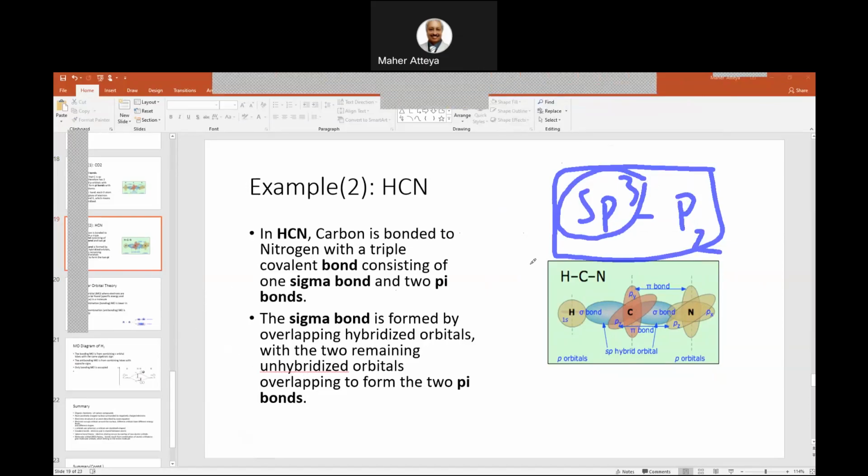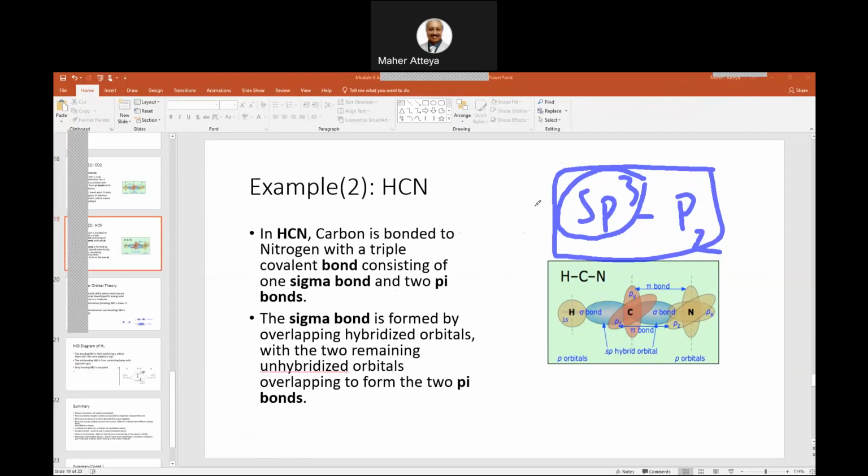And as I said, this is linear. From the linear shape, I can determine the angle is 180, and therefore it has to be a triple bond. So make yourself a flashcard. sp: linear, angle is 180, and triple bond. sp2: trigonal planar, the angle is 120, and it's a double bond.